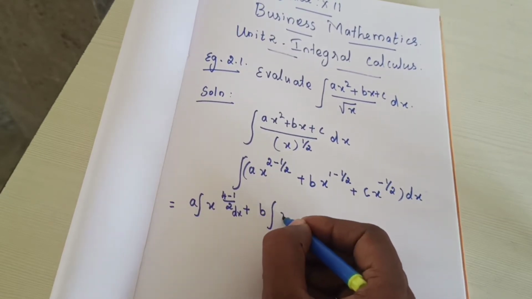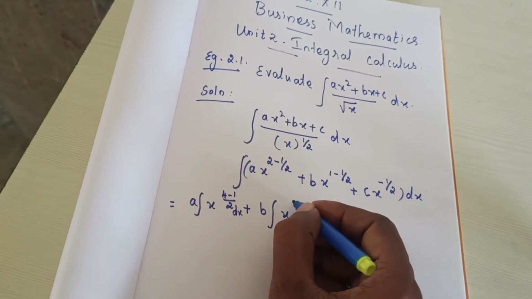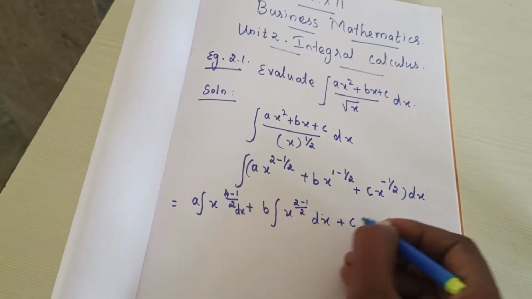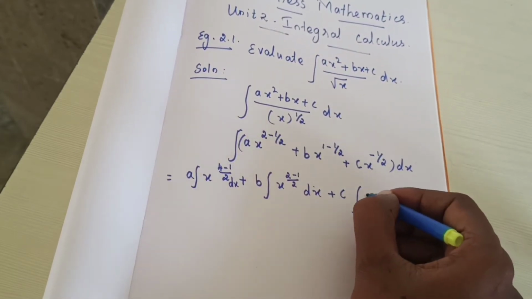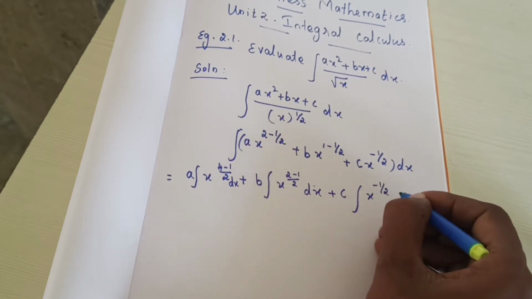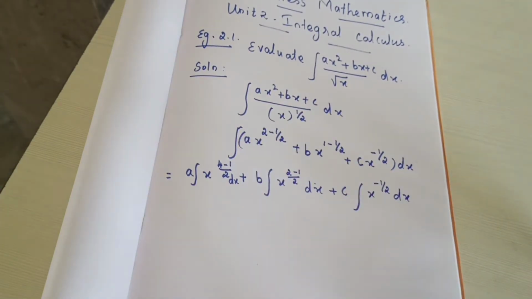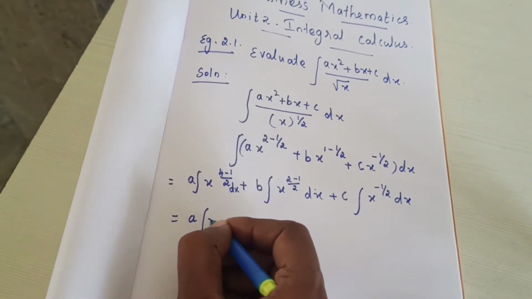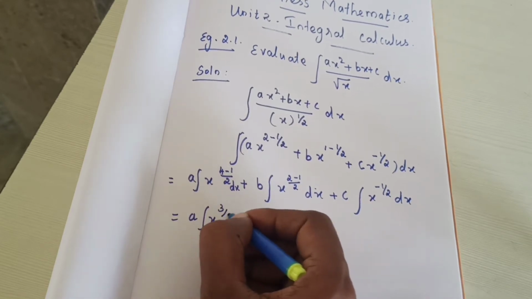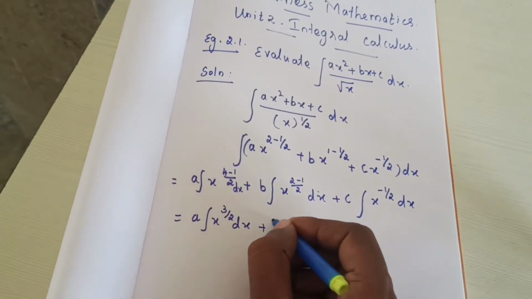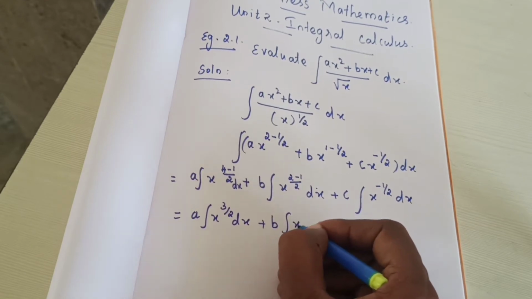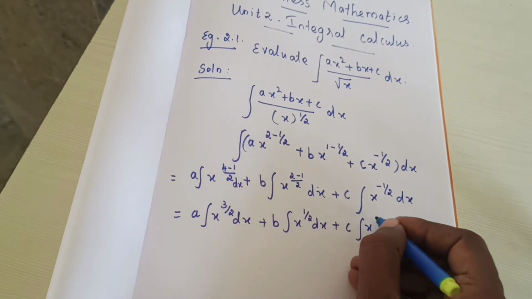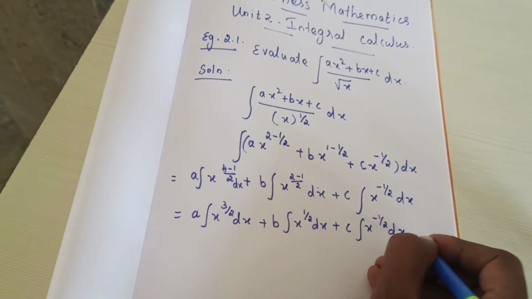So b into x power, 2 is the LCM, 2 minus 1 by 2 dx, plus c into integral of x power minus 1 by 2 dx. Understand? Next, that is equal to a into x power 3 by 2 dx plus b into x power 1 by 2 dx plus c into x power minus 1 by 2 dx.